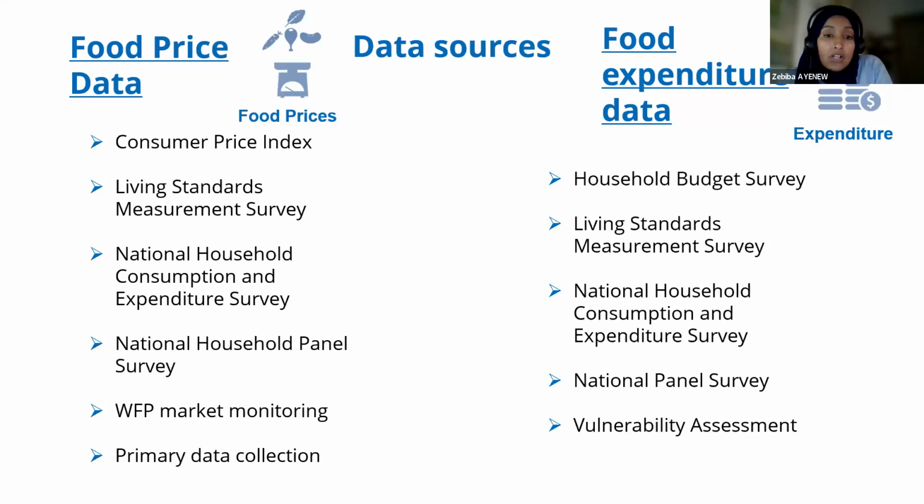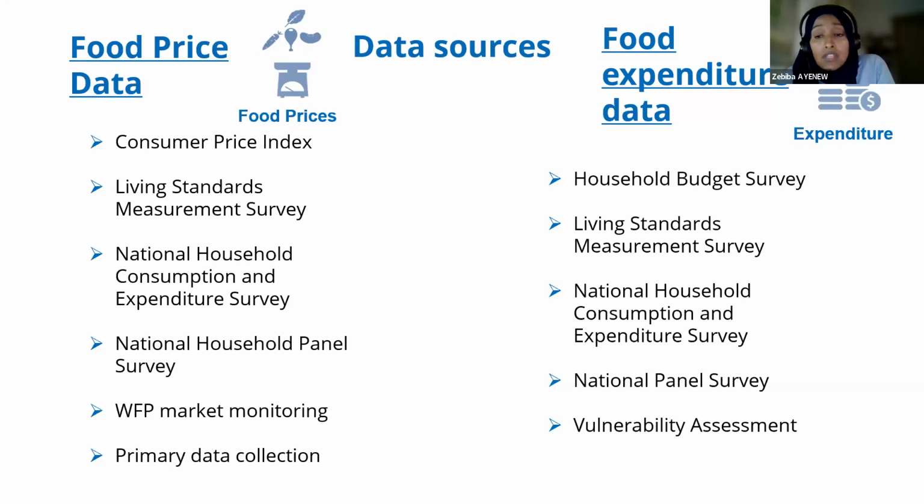Or in other contexts, we use living conditions measurement surveys or national expenditure and consumption surveys to indirectly extract food prices. Sometimes in some contexts, we have used WFP market monitoring data.